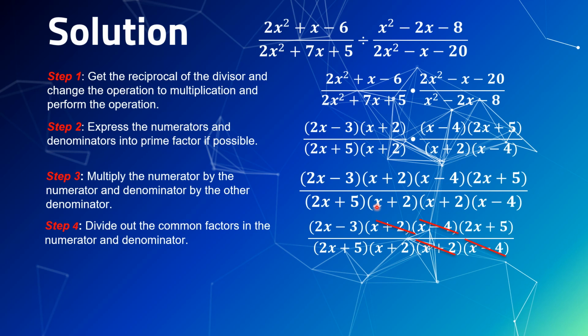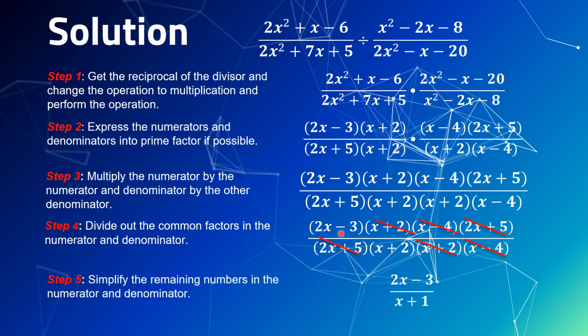We have x minus 4, then we have x minus 4, then 2x plus 5, and 2x plus 5. So x plus 2 here can also be divided by here. So this is just the same. So the remaining values, which are retained, are 2x minus 3 here in the numerator, and then the denominator is x plus 1. So therefore, the answer is 2x minus 3 all over x plus 1.